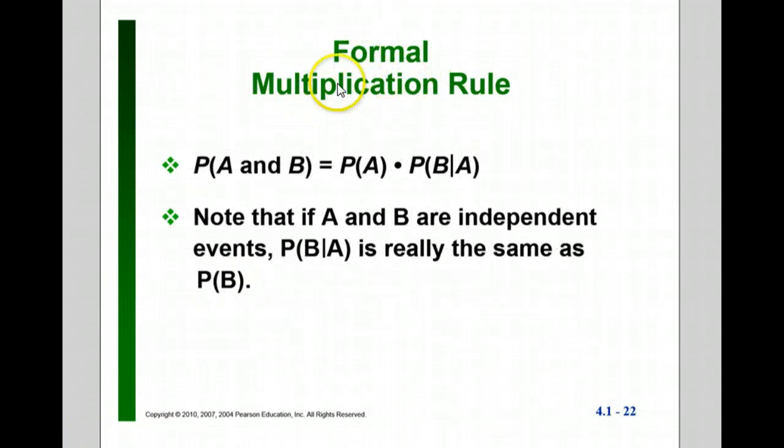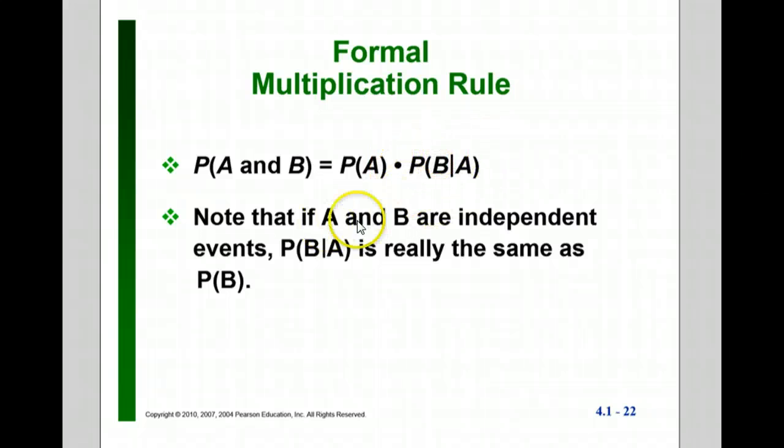From that we get what we call the formal multiplication rule, which says if you're going to find the probability of two events A and B, joined together by and, then we multiply, but for the second event we always use a conditional probability: the probability B happens given A happened.